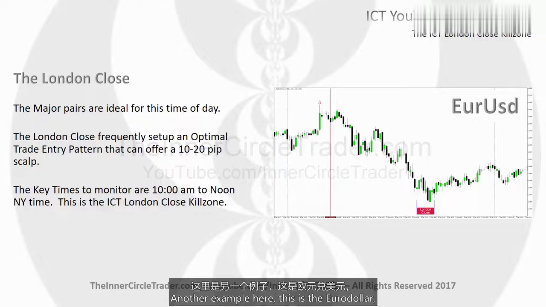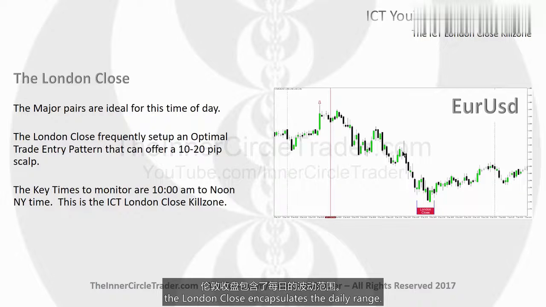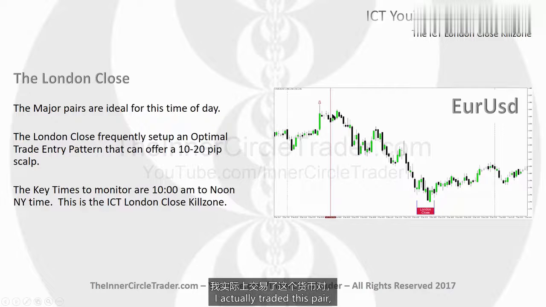Another example here, this is the euro dollar, just to show you how the London Close encapsulates the daily range. Okay, we have the Asian range in here, the high created during the Asian market. I actually traded this pair. Again, this is a very similar chart we've used in this series so far. But the high forms in Asia.